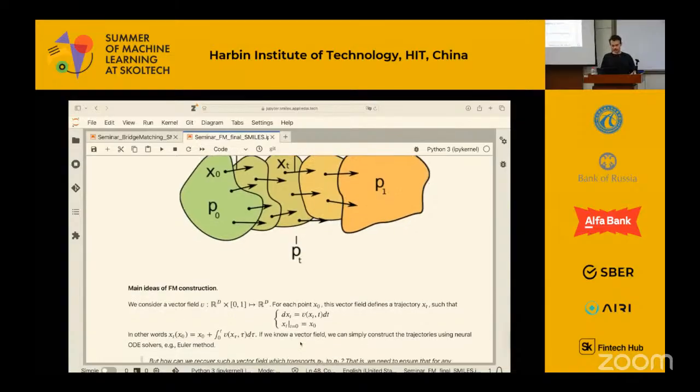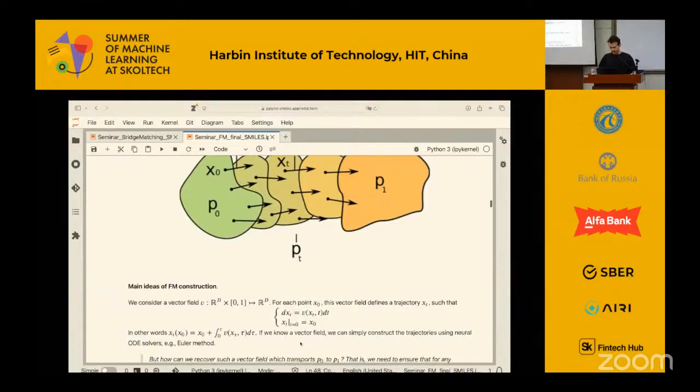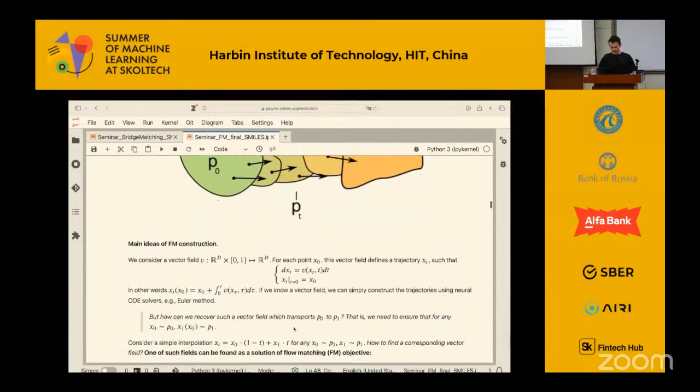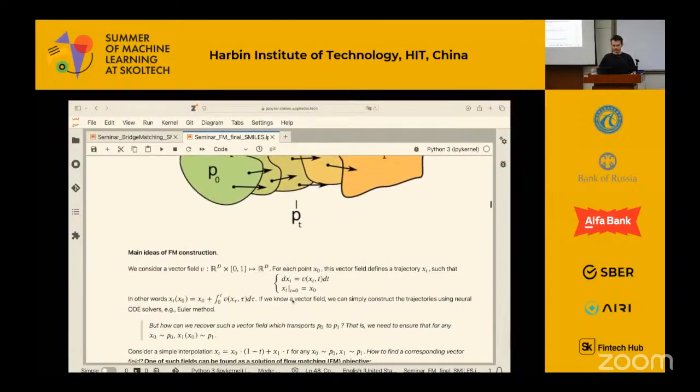In practice, we can easily solve our ordinary differential equation with some numerical solver, for example the Euler solver or other more advanced solvers like Runge-Kutta or Dopri. So the main problem of flow matching, what we learn, is this vector field.